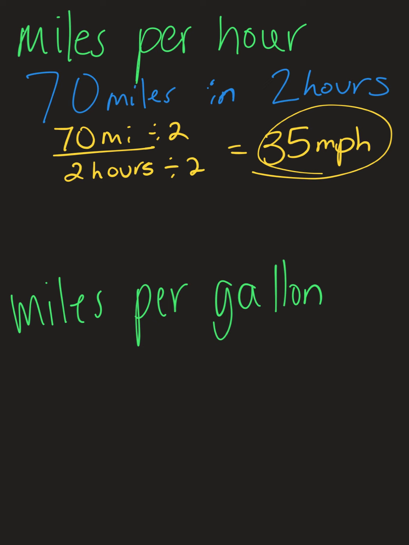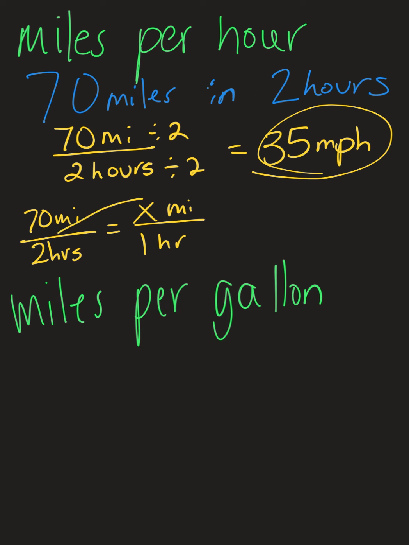My other option, and this may come in handy sometimes when I have a unit rate and I want to find something else, we'll talk more about those in another lesson, is I can say 70 miles per 2 hours, and then I have 1 hour because I know that my unit rate always needs to be there, and then x miles, and then I can do cross multiplication.